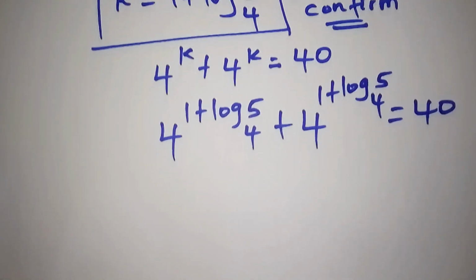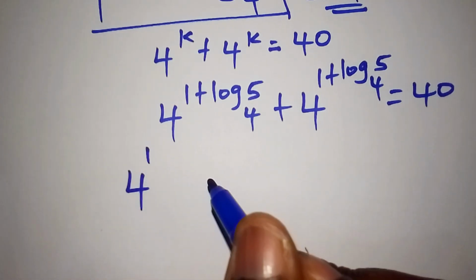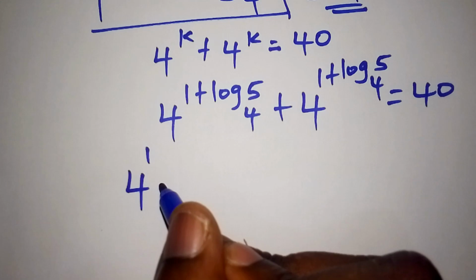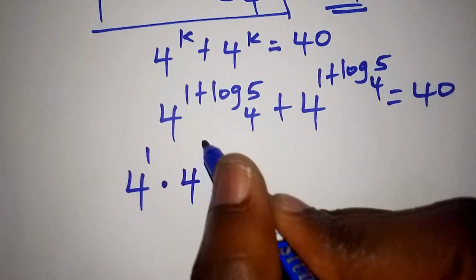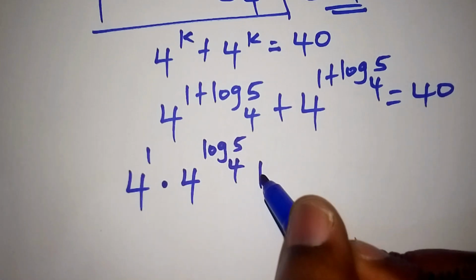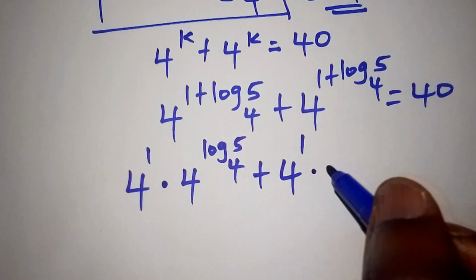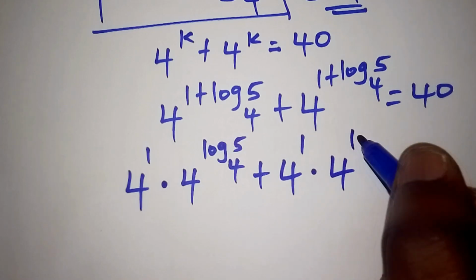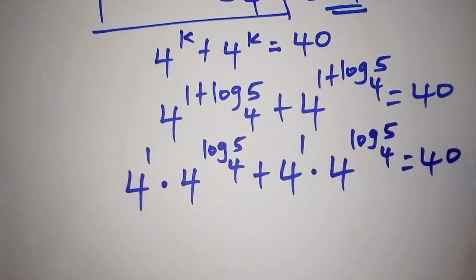Next, we say that 4 to the power of 1, the plus means multiplication, times 4 to the power of the log of 5 to the base of 4, plus 4 to the power of 1 times 4 to the log of 5 to the base of 4, equals 40.